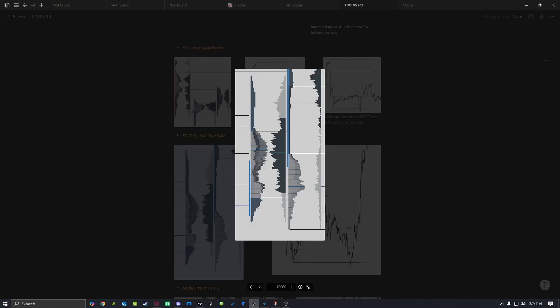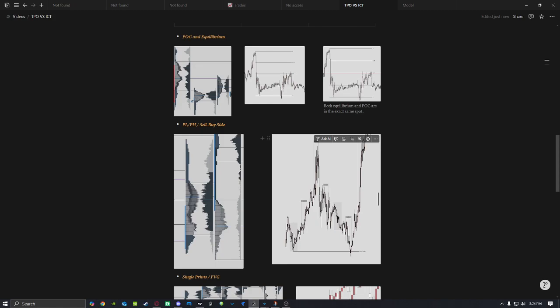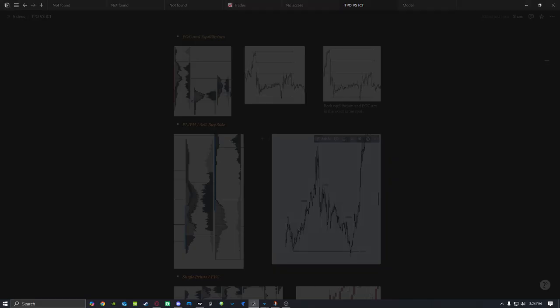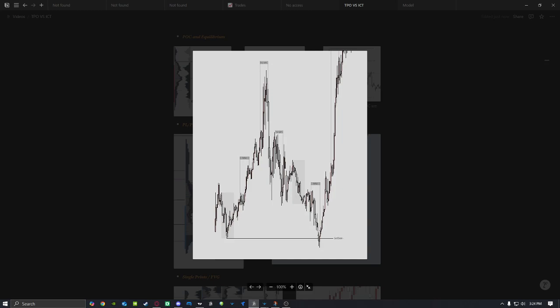In ICT terms, it goes with buy side, sell side liquidity. So right here is our poor low, and you can see that it sweeps sell side and it goes higher. But in reality, it needs to finish the auction, right, because there's not a lot of buying pressure right here, unlike right here. So that's what needs to happen in price.